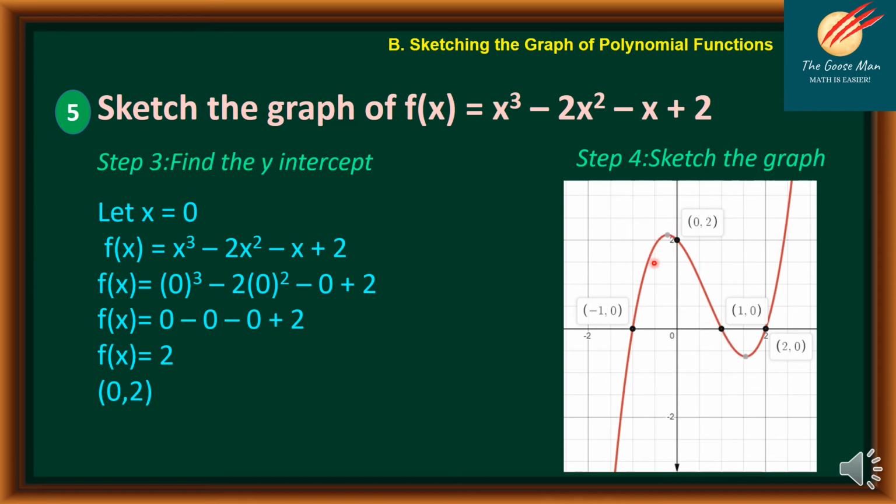The turning points determine whether the graph is increasing or decreasing. The turning points of a graph occur when a function is changing values. So again, the highest exponent is 3, therefore the number of turning points is 3 minus 1, which is equal to 2.